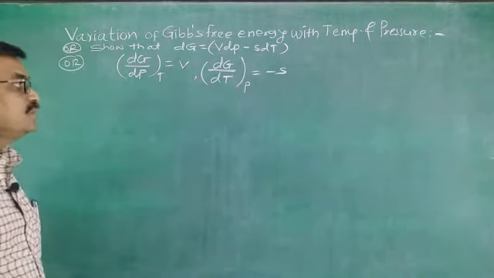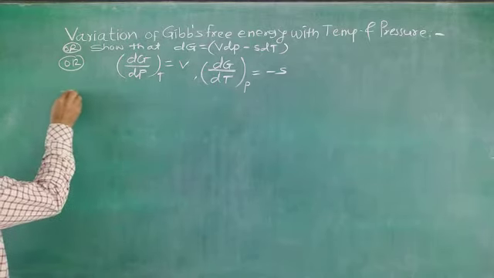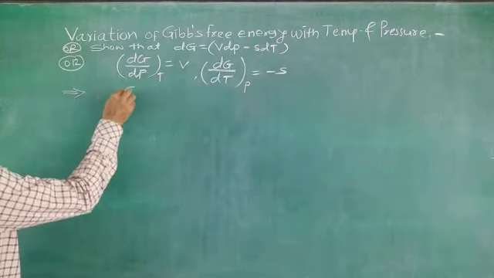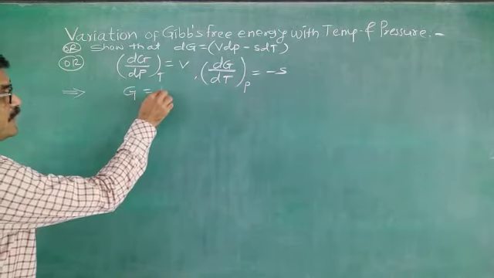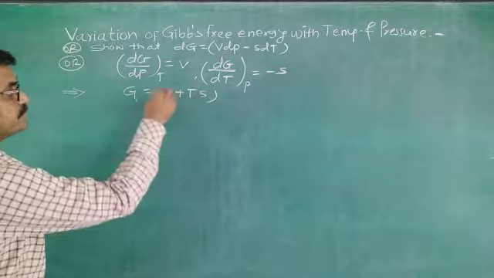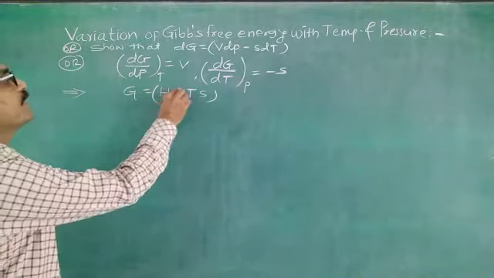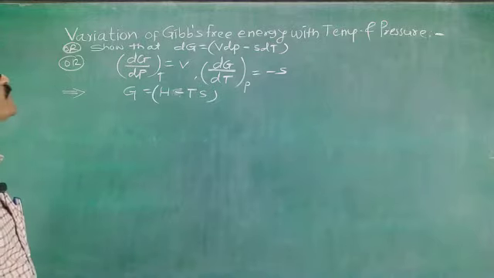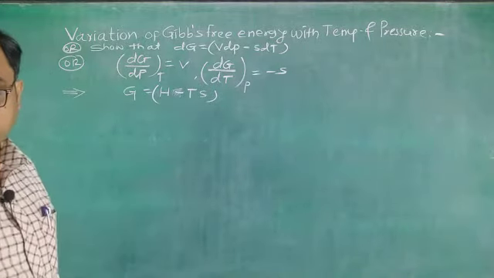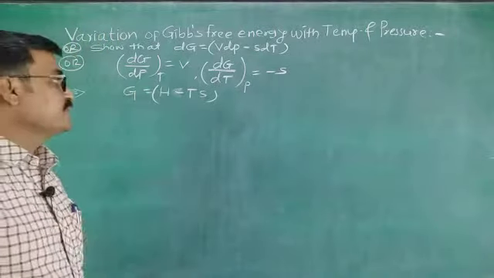First of all, according to the definition of Gibbs free energy, G is equal to H minus TS. Sorry, H minus TS.